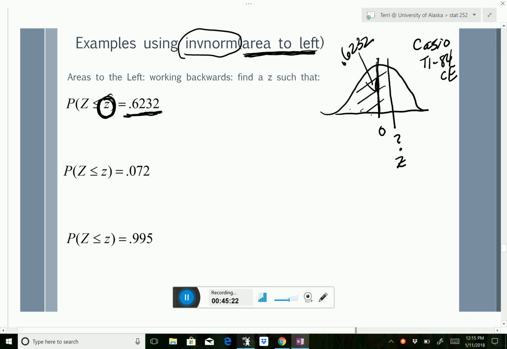I'm going to assume that everybody's doing left right now, but if you have that ability, you can definitely change that. So for the rest of our calculators, it assumes that we're giving it an area to the left.